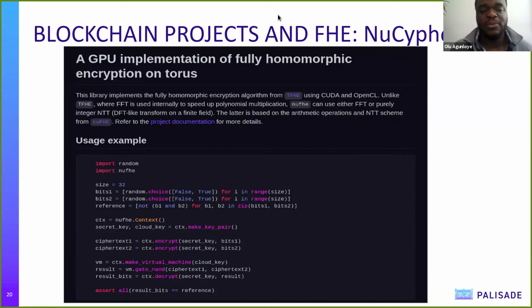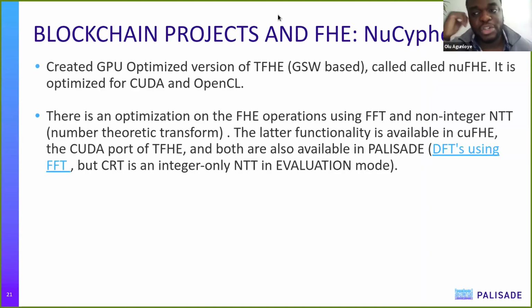We can briefly discuss this, but the idea is that NuCypher is saying, here's a GPU optimized version of these well understood homomorphic encryption algorithms or variants. The reason this GPU-based implementation is important is simply because blockchain itself typically runs on a GPU-based hardware ecosystem, and CPU-based blockchain computations aren't going to get you very far.